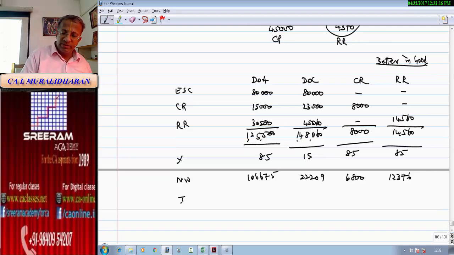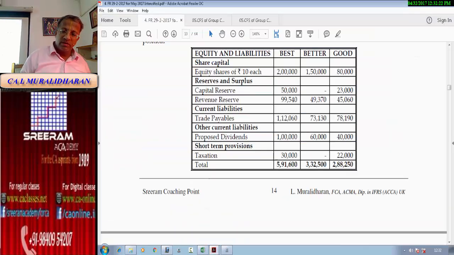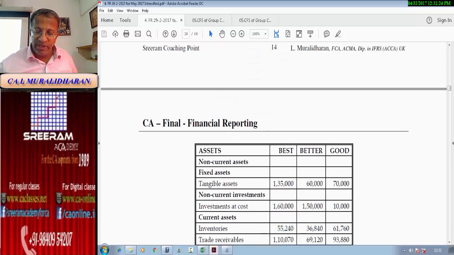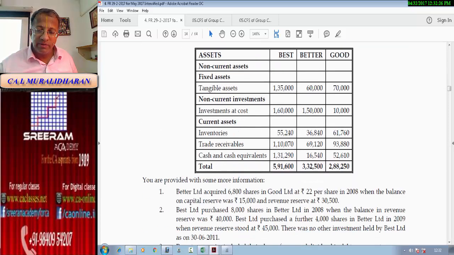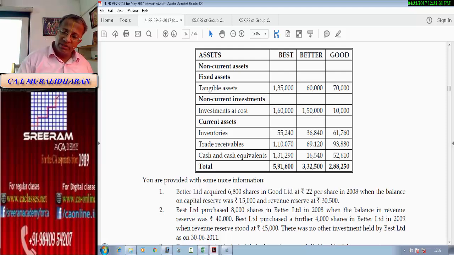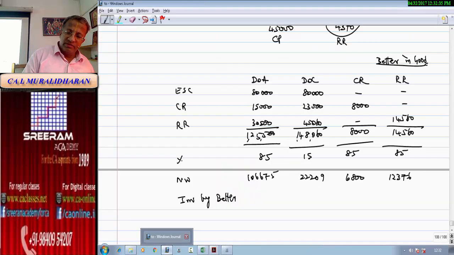Net worth, that is investments. Investments by better, 1,50,000, but they have said 6,800 into 22. 6,800 into 140? 9,600.